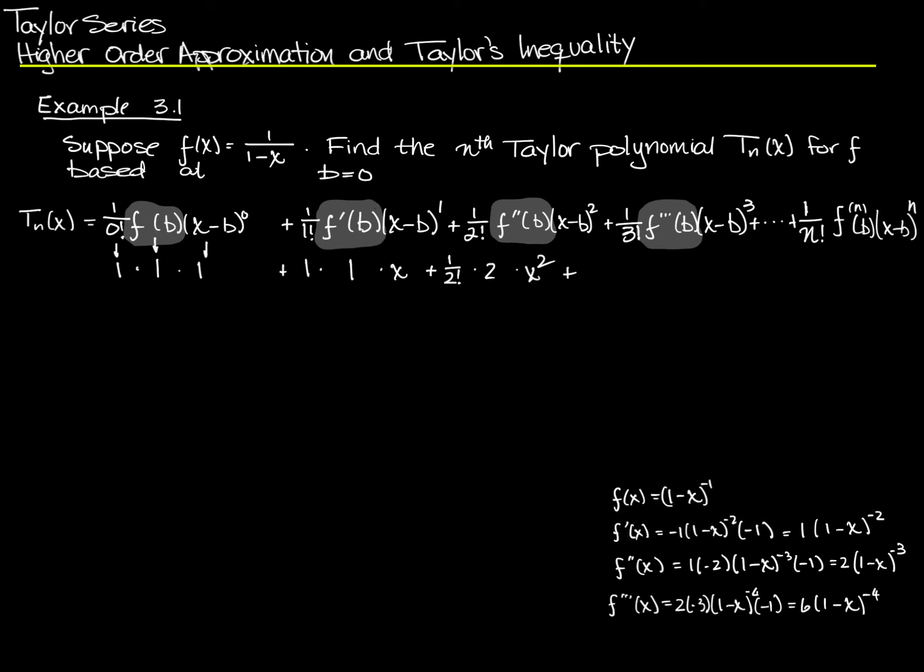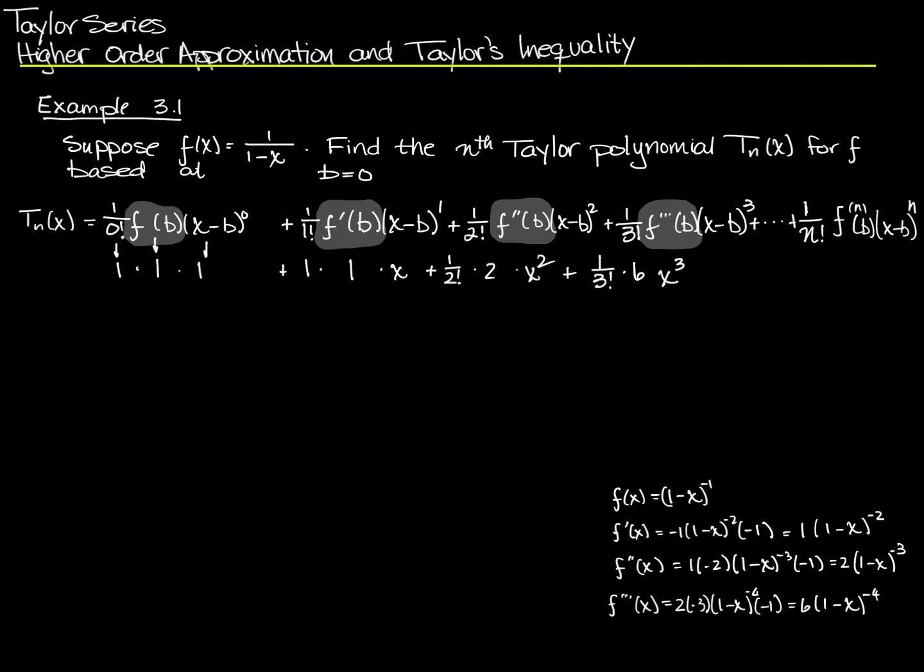Good. My next term starts with 1 over 3 factorial, and then f triple prime at 0. That's going to be my x minus b, x minus 0 cubed. F triple prime at 0, it's this one here, evaluated at 0. 1 minus 0 is 1, raised to a power is 1, times 6. So I'm going to have times 6 here.